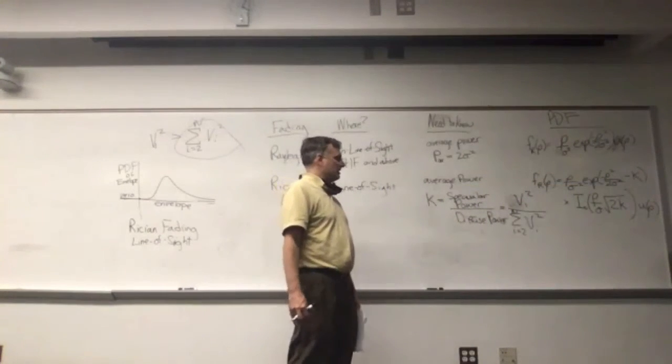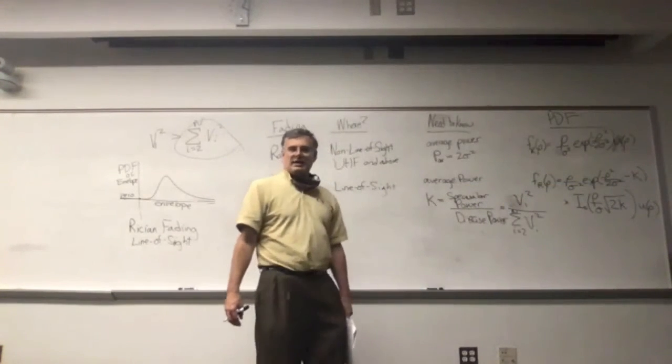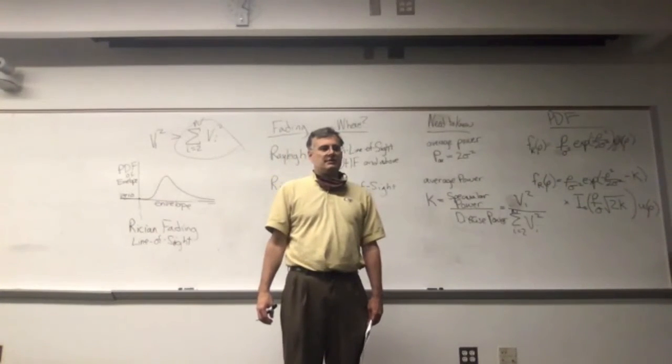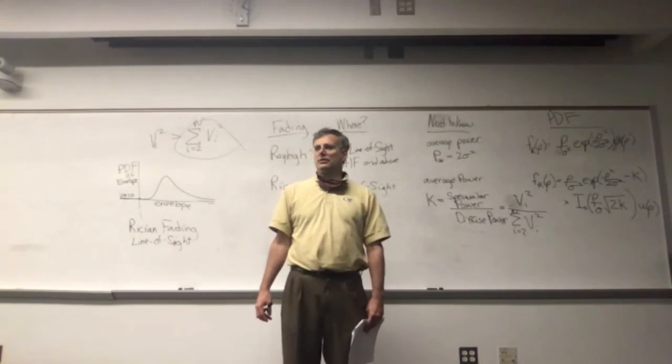It's got a function called capital I sub 0. If anybody wants to impress me beyond reason, they will tell me, what is the name of I sub 0? What kind of special function is that?